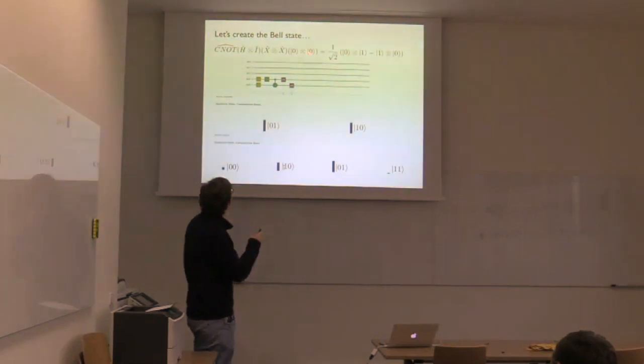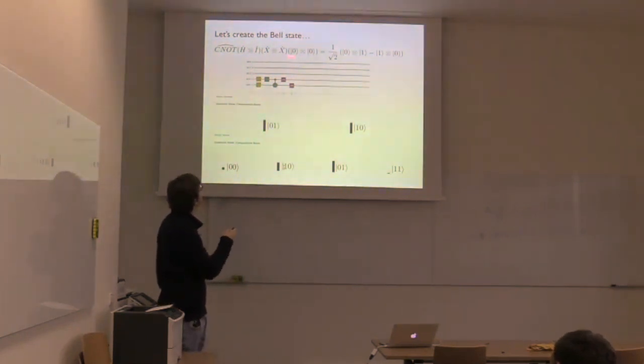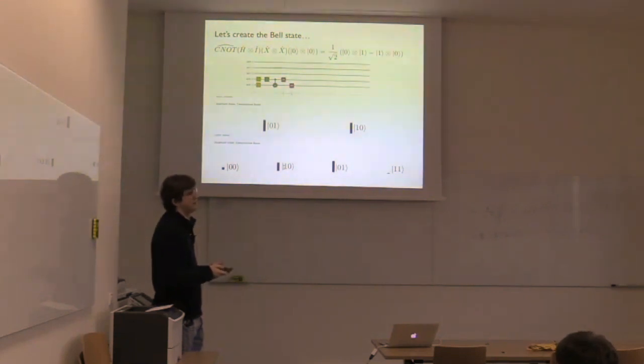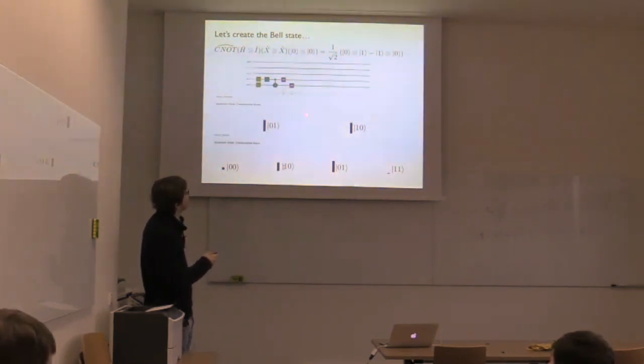And then by very simple action of the sequence of these 3 operators, you get this qubit state, and you can perform any measurements you like. In particular, you can perform measurements in the computational basis.